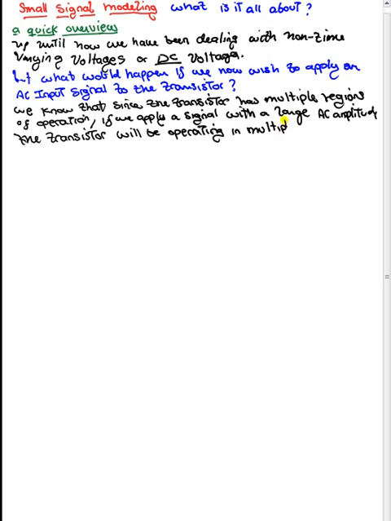Right? For example, as the gate to source voltage increases, so let me write the circuit really quick.